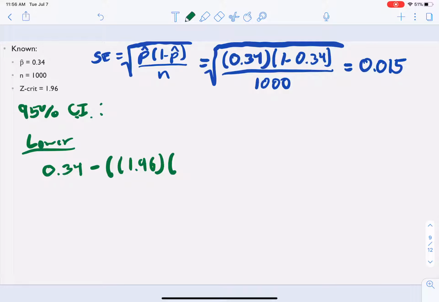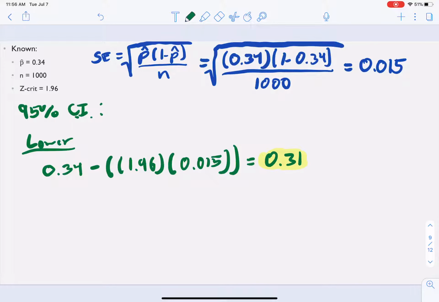No biggie. And then 0.015. Very cool. Turns out that that is 0.31. Easy peasy. Highlight that so we don't lose track of it.